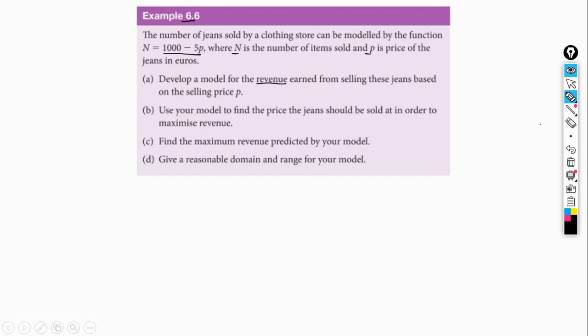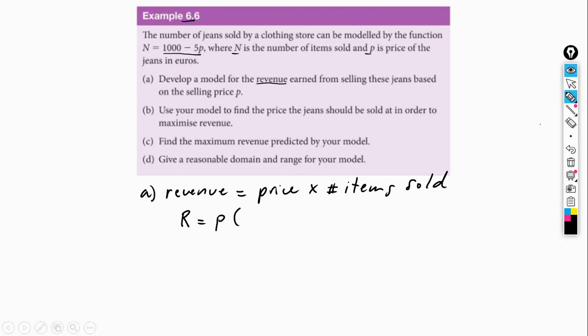So in general, we have that revenue is equal to price times the number of items sold. So in this case, we could say that R for revenue is equal to P, price, times 1000 minus 5P.